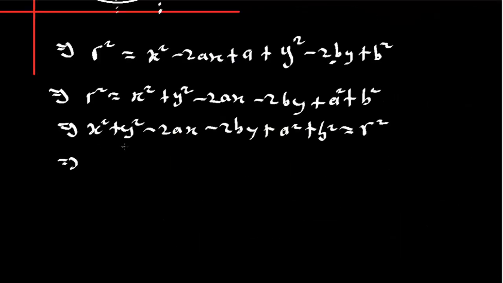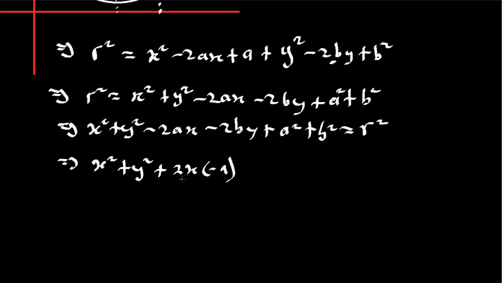That means that I can rewrite this one as x square plus y square, then the negative 2ax, I can rewrite it as plus 2x in bracket negative a.